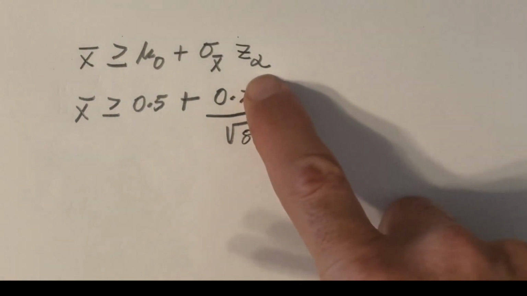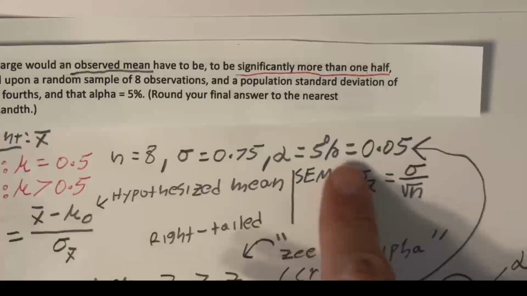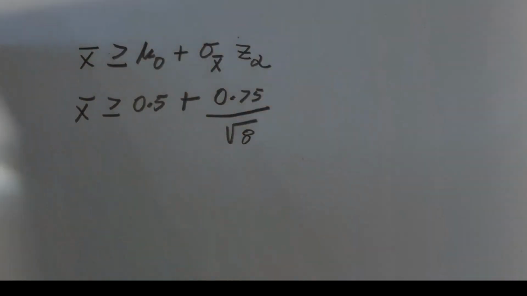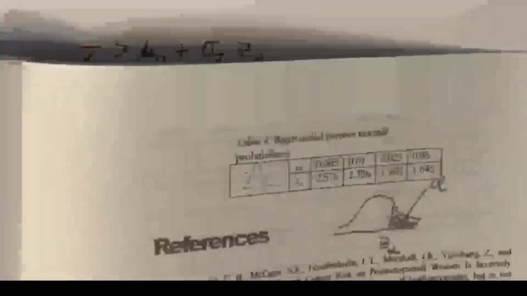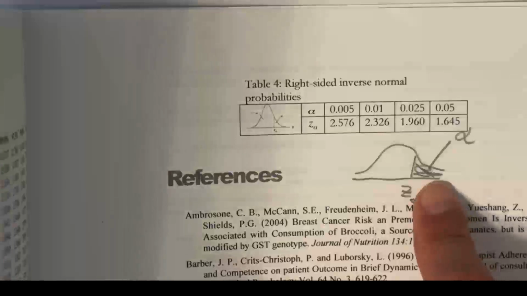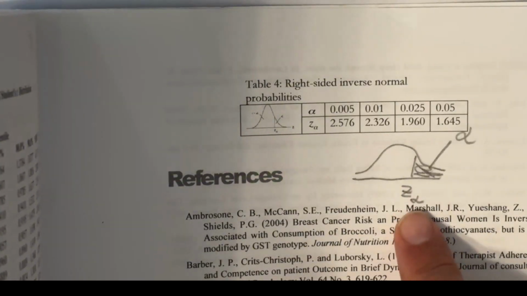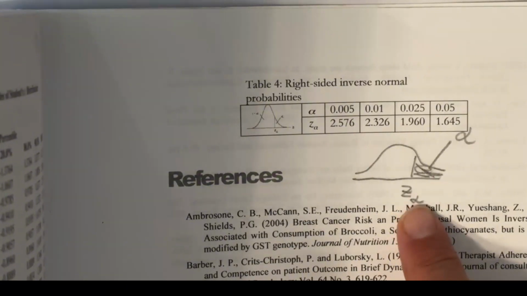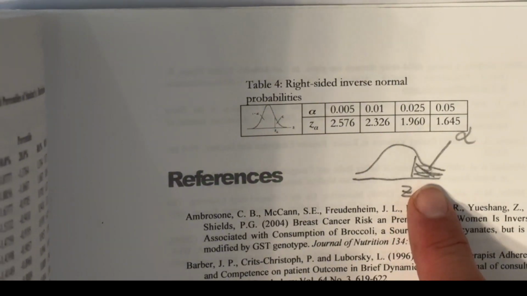And now we have to look up z sub alpha. We need to know alpha. Alpha is equal to 0.05. So we have to go into some kind of book that has a table at the end. And here we just so happen to have a z sub alpha table. Now, z sub alpha, this critical value, is actually the z-score that gives alpha area to the right.